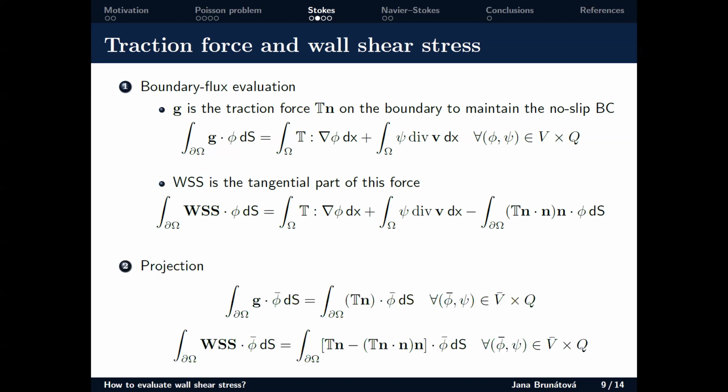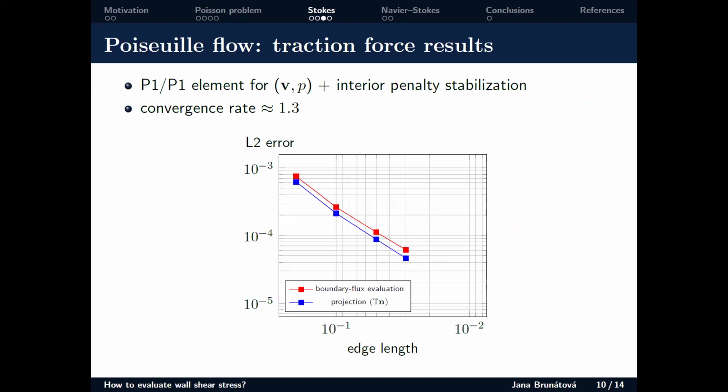So this is the key idea of computing wall shear stress using the boundary flux method. And I'll just remind you that the projection method will be done simply by L2 projection of the term Tn, the traction force. And similarly, the wall shear stress will be just a projection of the tangential part of the traction force. Okay, so let's see the results. The results are not nearly as good as for the 2D case, which is, yeah, it is what it is.